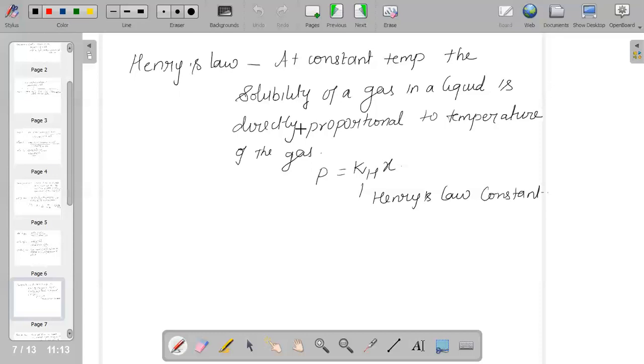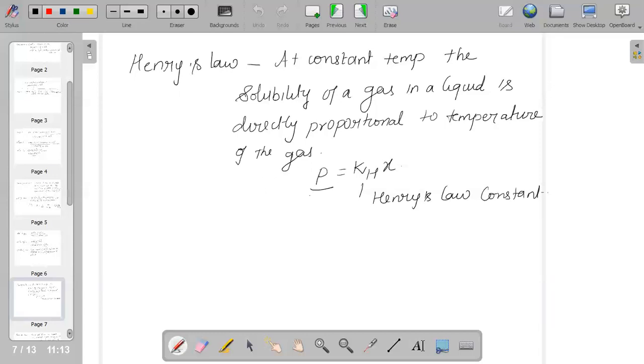So according to Henry, he established a quantitative relation between the pressure and the solubility of a gas. According to this law, at constant temperature, the solubility of a gas in a liquid is directly proportional to the pressure of the gas.